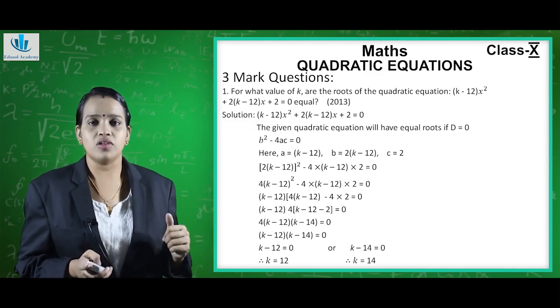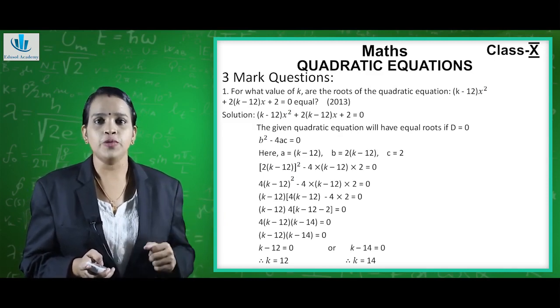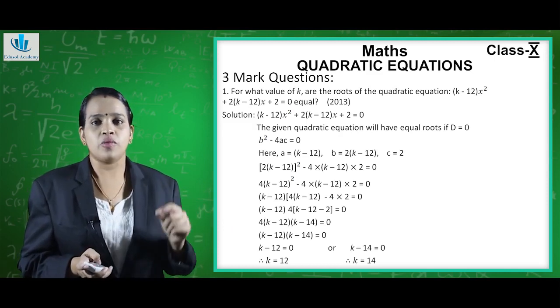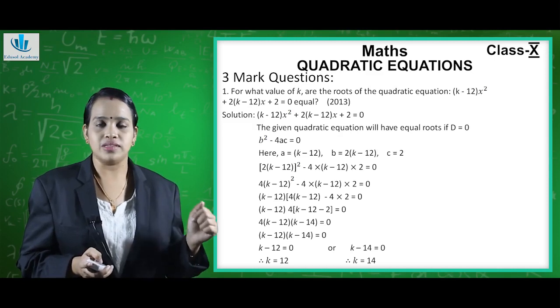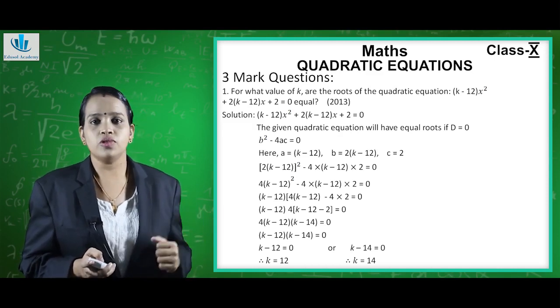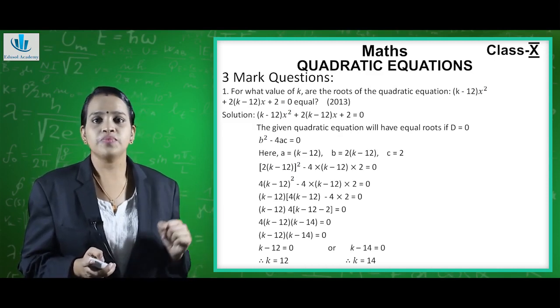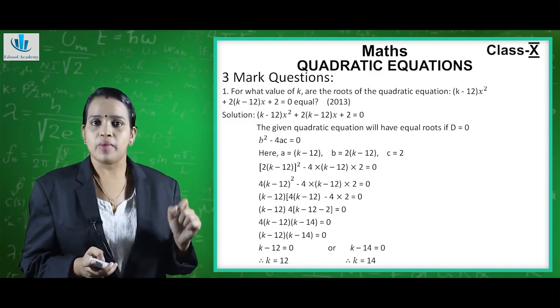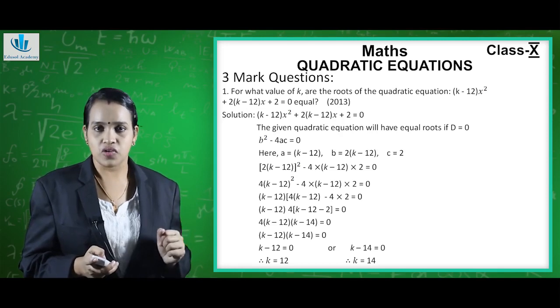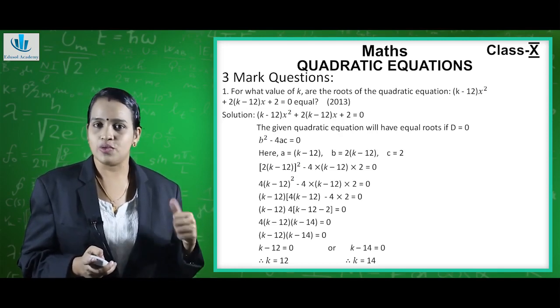Now again we can solve here. So (k − 12) into, again we will take 4 as common here. So it becomes 4 into (k − 12) − 2, which is equal to 0. So we can write it as 4 into (k − 12), and when we solve this bracket it becomes −12 − 2, which gives −14. So k − 14 is equal to 0.